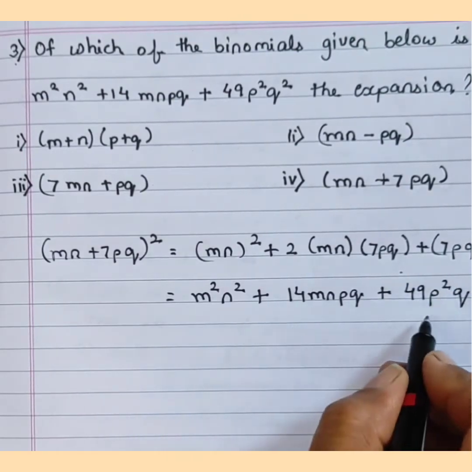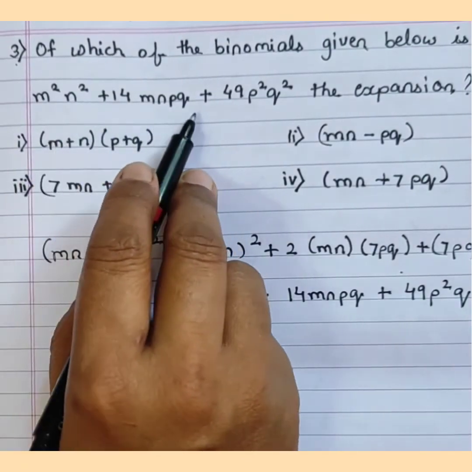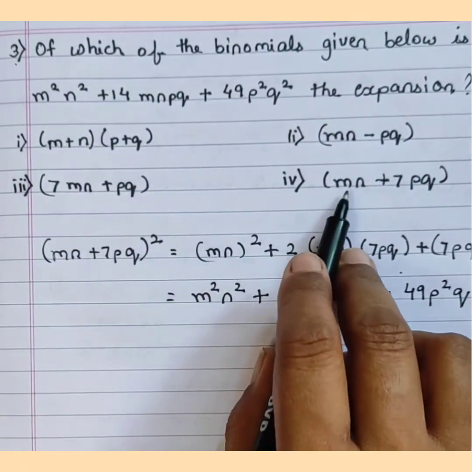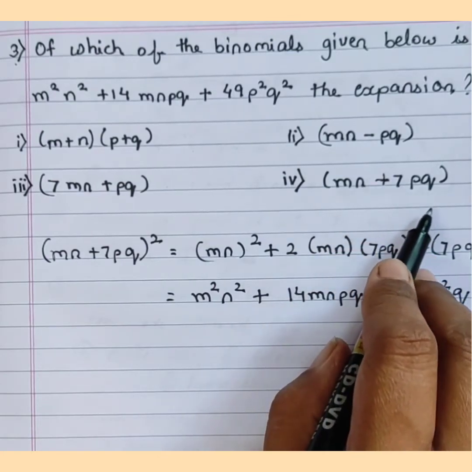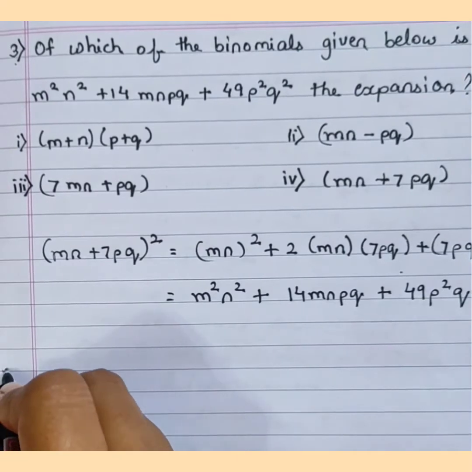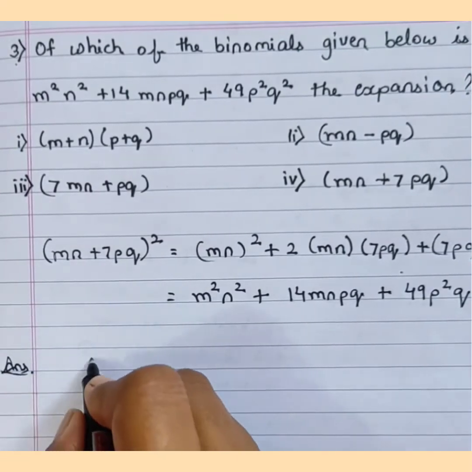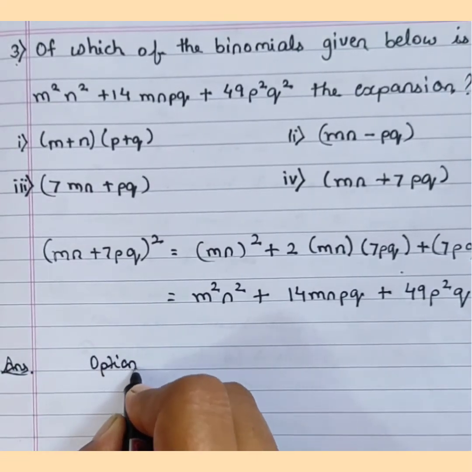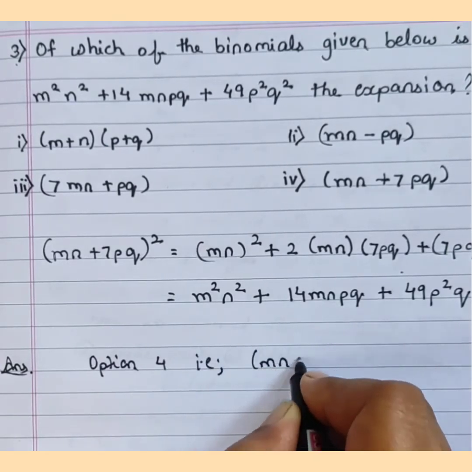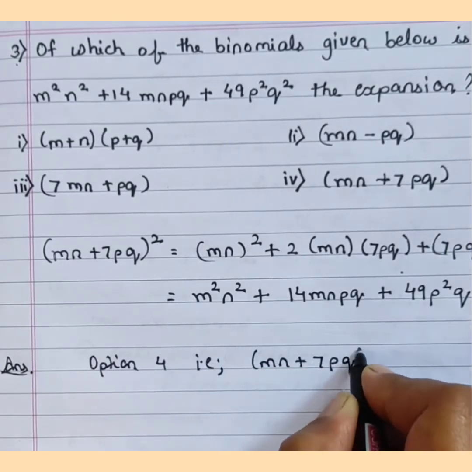So did we get the expansion that we had in the question? So our fourth option, that is mn plus 7pq, is the correct binomial for the given expansion. So our answer is option 4, that is mn plus 7pq.